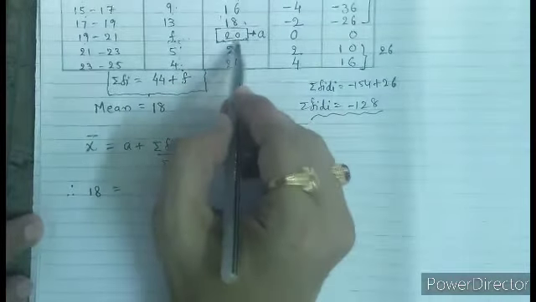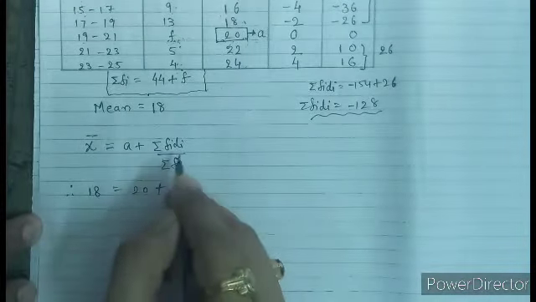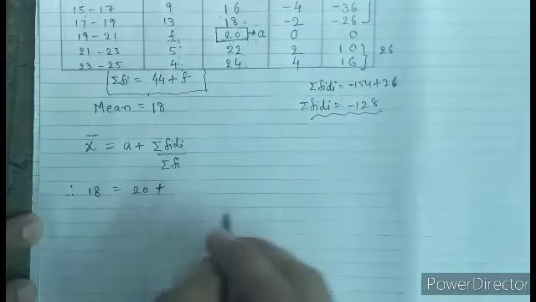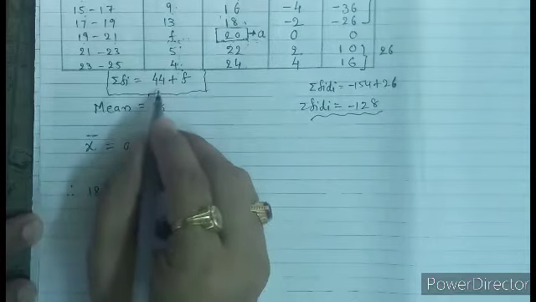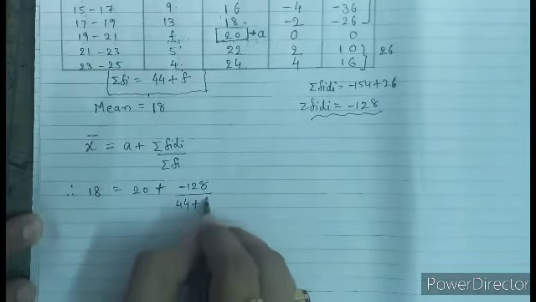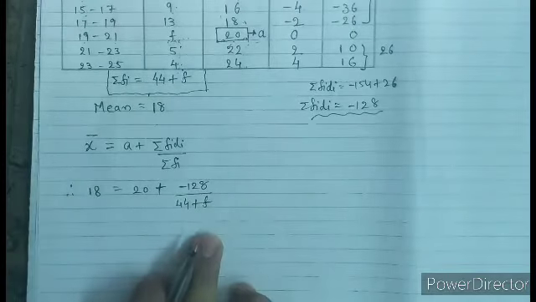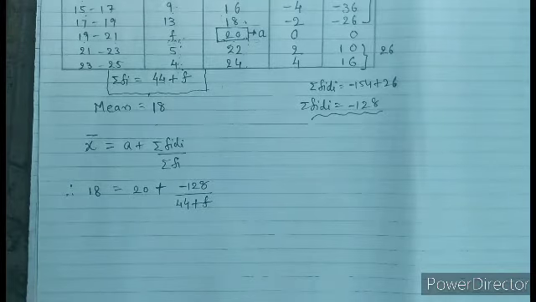Here in this case, assumed mean a equals 20. So equal to 20 plus sigma fi di, we have got it. It is minus 128 divided by sigma fi, which is 44 plus f. So what we have done, we have applied all the values which are known, including x bar.